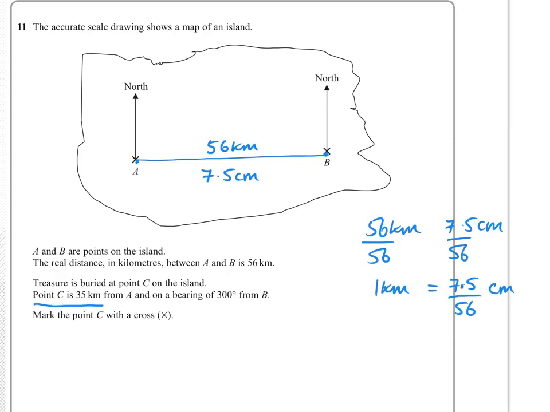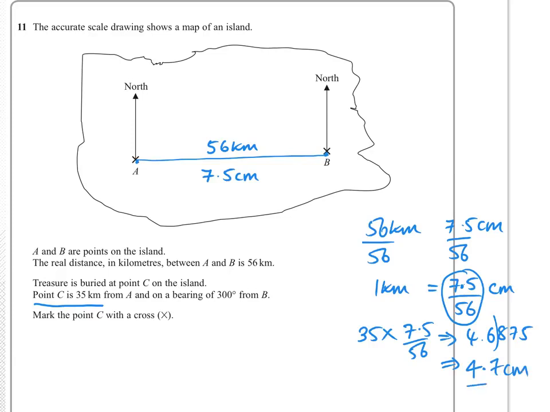Point C is 35 kilometres from A, so 35 times this scale factor that I've got here, let me just put that in my calculator, so we've got 35 times 7.5 divided by 56, that gives me 4.6875, and the accuracy on your ruler to one decimal place, say 4.7 centimetres.